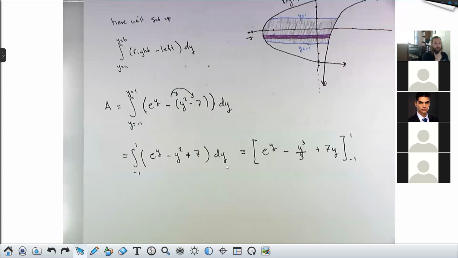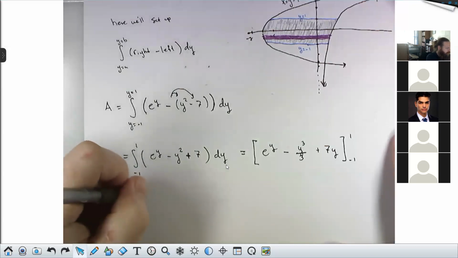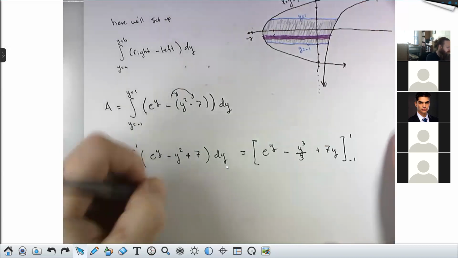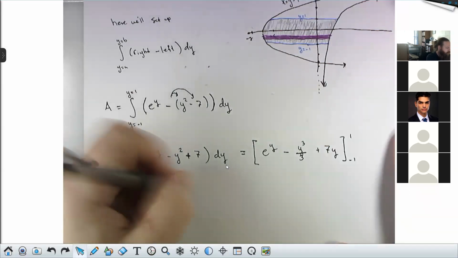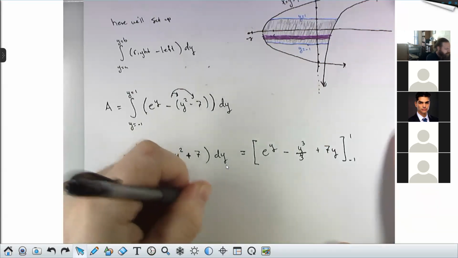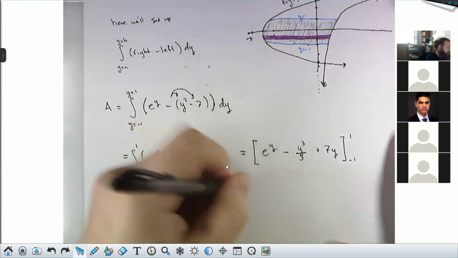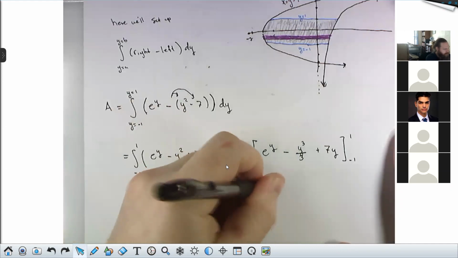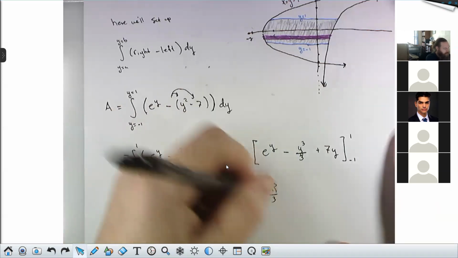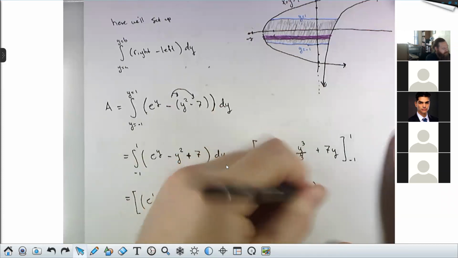So there's not much left to do. We just got to plug in, subtract. This is going to be e to the 1 minus 1 cubed over 3 plus 7 times 1, minus e to the -1 minus -1 cubed over 3 plus 7 times -1.